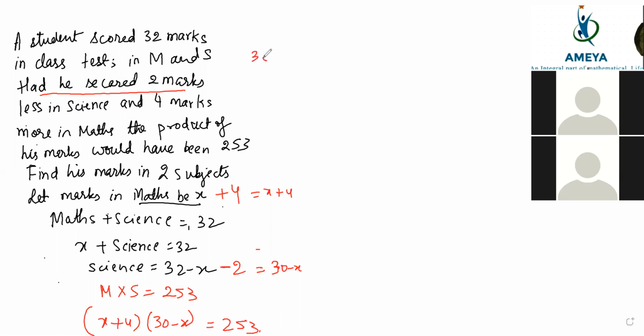So 30x minus x square plus 120 minus 4x is equal to 253. So 30 minus 4 will become 26x minus x square plus 120 is equal to 253.